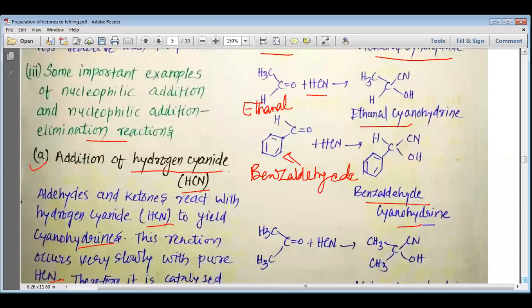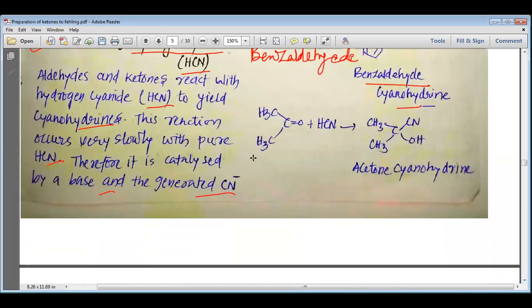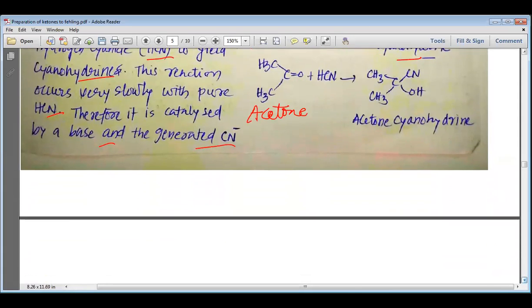If we have a ketone like acetone that reacts with HCN, it gives us the acetone cyanohydrin. There is not much big difference that takes place. Just instead of this O, here we get OH and here we get CN. This is the product that we get, and this is how we get the cyanohydrin.